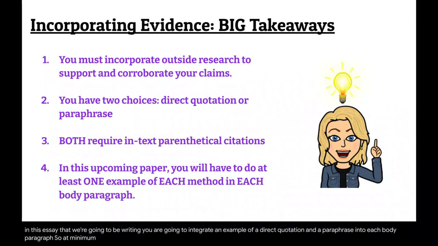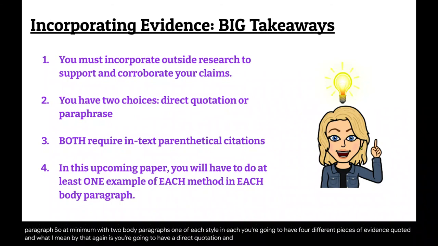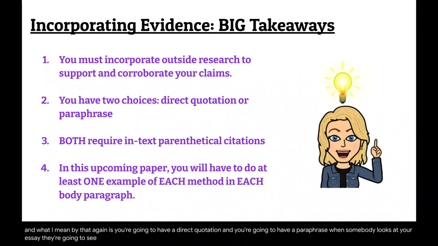So at minimum, with two body paragraphs, one of each style in each, you're going to have 4 different pieces of evidence quoted. And what I mean by that, again, is you're going to have a direct quotation and you're going to have a paraphrase. When somebody looks at your essay, they're going to see 4 parenthetical citations at minimum.